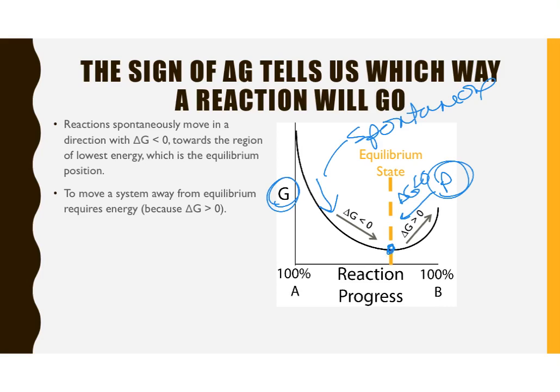When you reach the lowest point, remember that's equilibrium and delta G equals 0. There's no driving force to do anything. And again, if you were to go from equilibrium back to reactant, that would also be non-spontaneous. Delta G would be positive.